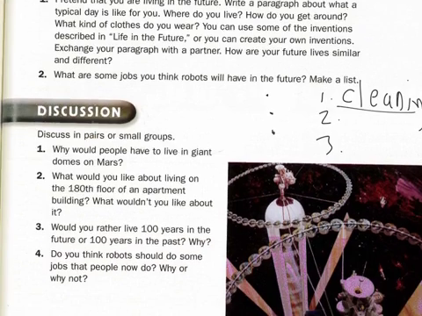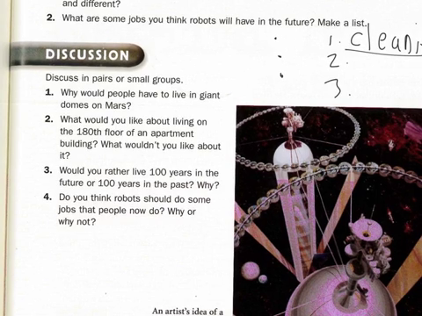Okay. Discuss in pairs or small groups. Why would people have to live in giant domes on Mars? Okay, and what is a dome? A dome. So the people are inside. I'm in a dome.